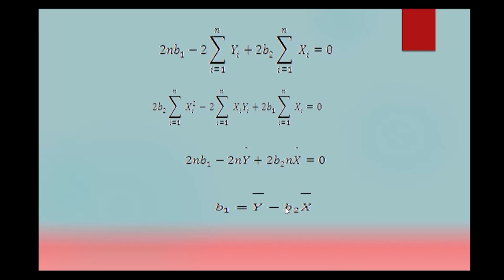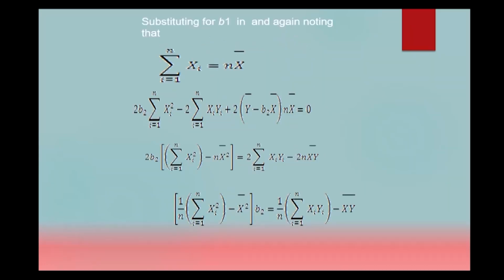So the same result we are deriving, but in an alternative method by using the differentiation and other notations. In the same way, we can derive the result for b2 by substituting for b1. In this result, summation of xi is n x bar. So what are we doing actually? We are multiplying 2b2 on both sides. So 2b2 summation of xi square minus 2 summation of xi yi, which is coming up from the previous step, minus 2 times y bar minus b2 x bar.